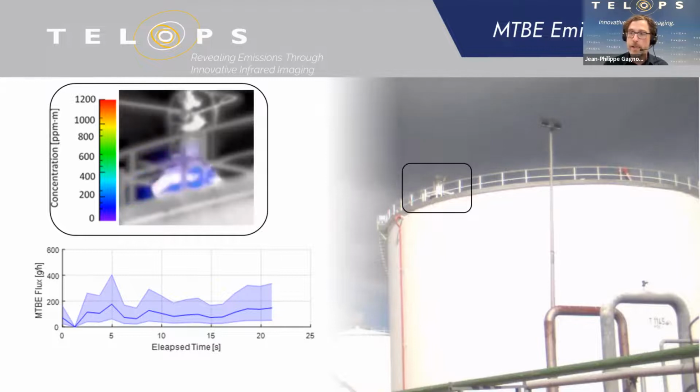So it's MTBE leaking, and the concentration from each image you can see there. And in the plot below, I've calculated the flow rate based on those measurements. And you can see here it varies as a function of time, just because the wind varies. In this case, we've taken the gas velocity to be equal to the wind velocity.